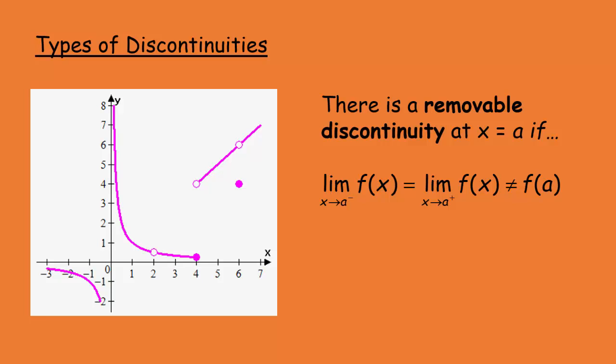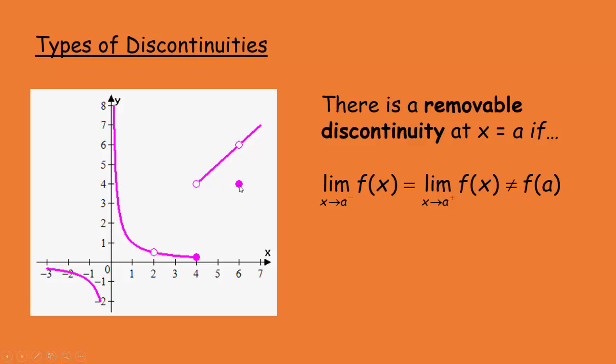Looks like this one is approaching 6 on both sides. But here's the third condition that makes it the removable discontinuity. It is not allowed to have either of those limits equal to f of a. Okay? So right there, we know that f of 6 is actually 4.